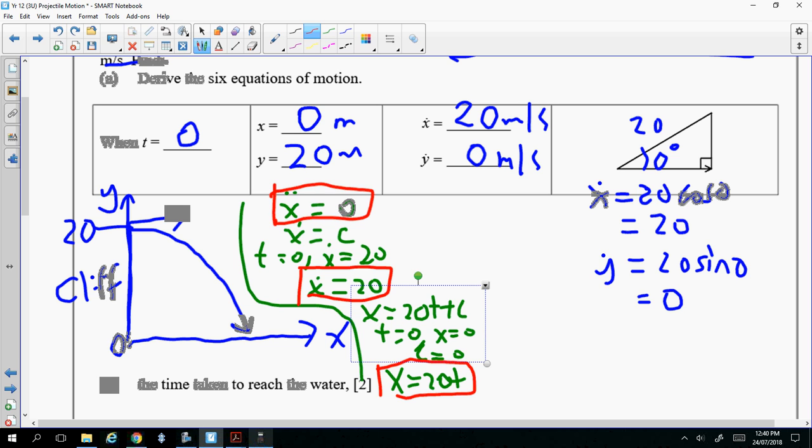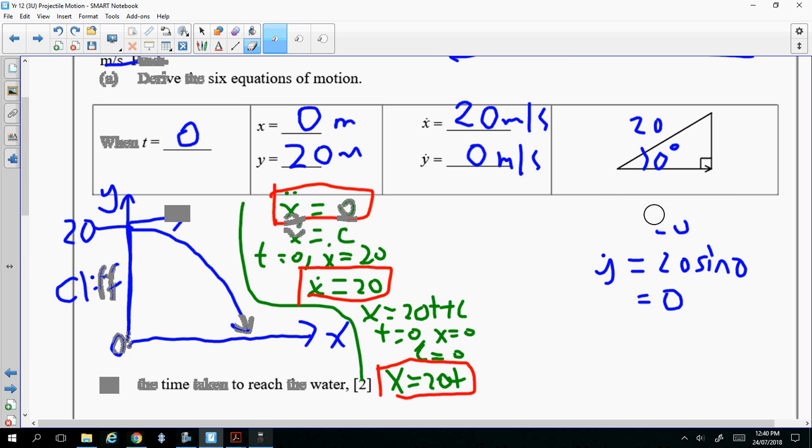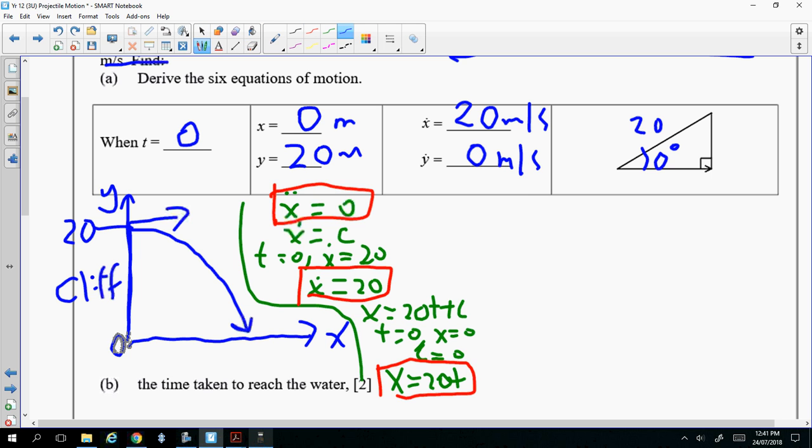Now y double dot, we're going to use g equal to 10 to make it easier. So y double dot equal to negative 10. Y dot equals negative 10t plus c.